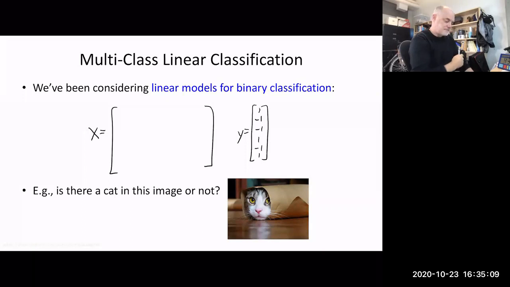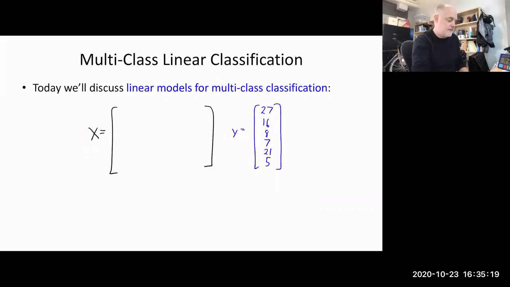But what we've been doing is we take our feature matrix and we have our labels, +1, -1. Is there a cat in the image or not? What if we want to or need to do multi-class classification? So, we've got one, that's a cat. This is a dog. This is a carrot. This is a porpoise.